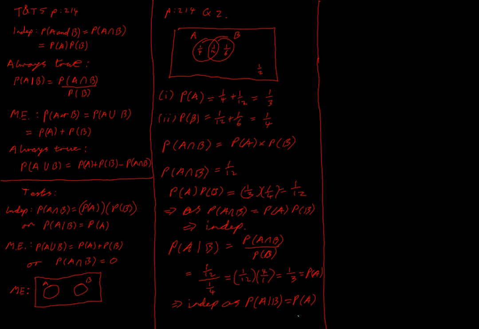Now, question 5 on the same page is a lot briefer, but I wanted to talk about it. A and B are two independent events. If the probability of A is equal to 0.4 and the probability of A union B is equal to 0.7, use the formula to find B. Now the last line of that they wouldn't necessarily give you in an exam question.